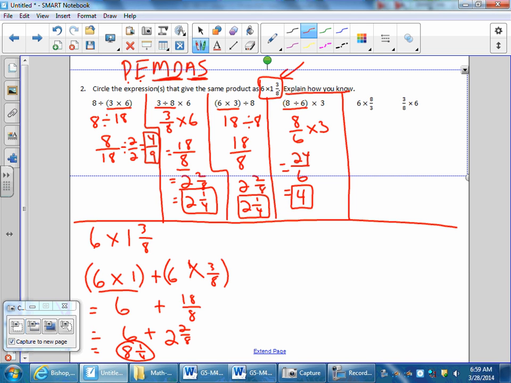Next problem is whole number times a fraction, an improper fraction. I'm going to take the whole number, multiply it by my numerator, and divide by my denominator. It's 48 divided by 3, which is equal to 16.